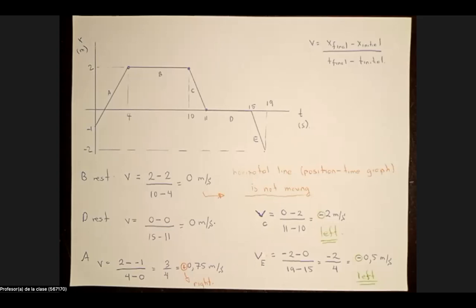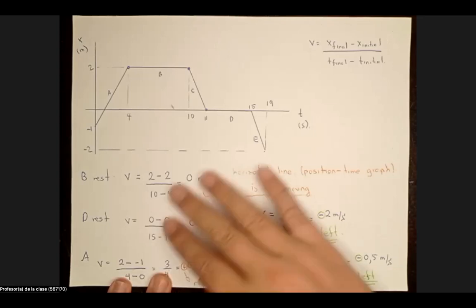Both have the same direction, but different speeds, because of course there is 2 and 0.5. So speed is the number. Velocity includes the direction of movement, right?